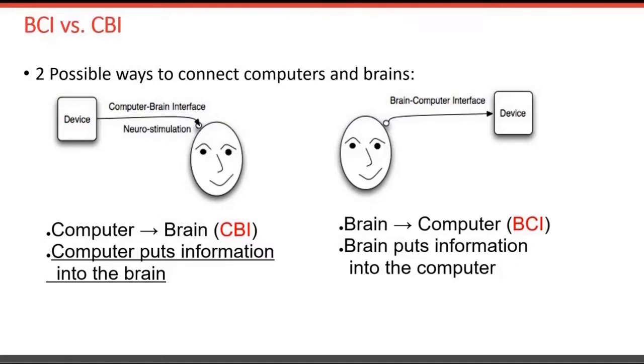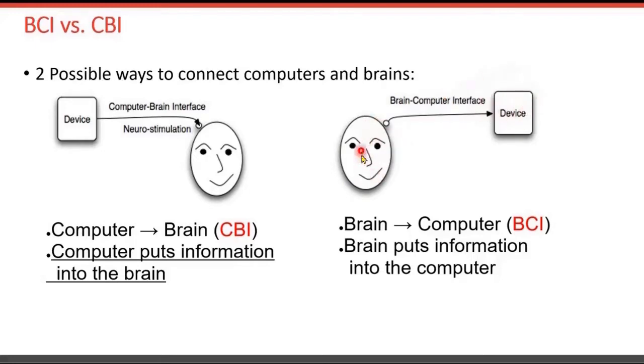We can have two different settings here. The first is brain-computer interface versus computer-brain interface. In a brain-computer interface, we have the human brain connected to an external device, and the communication goes in one direction, from brain to outside device.